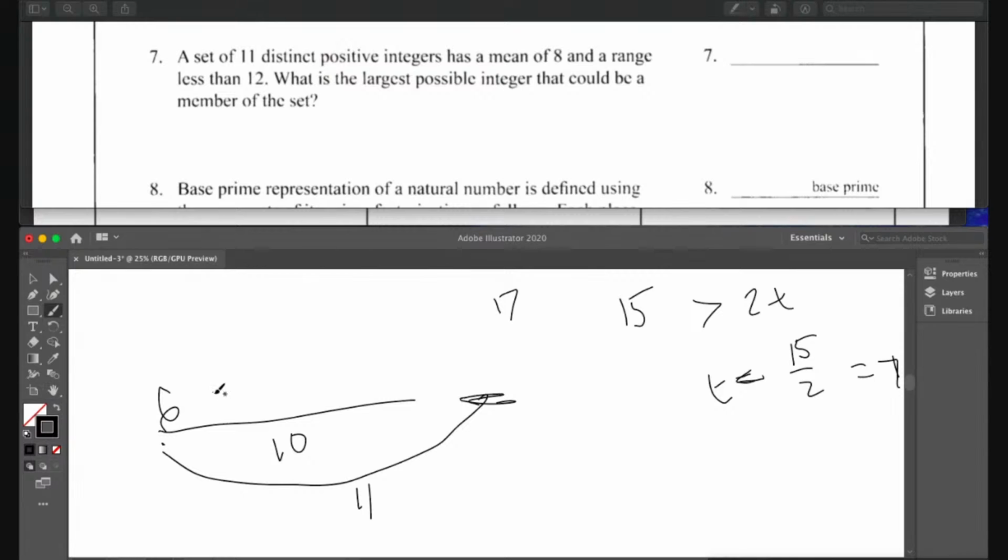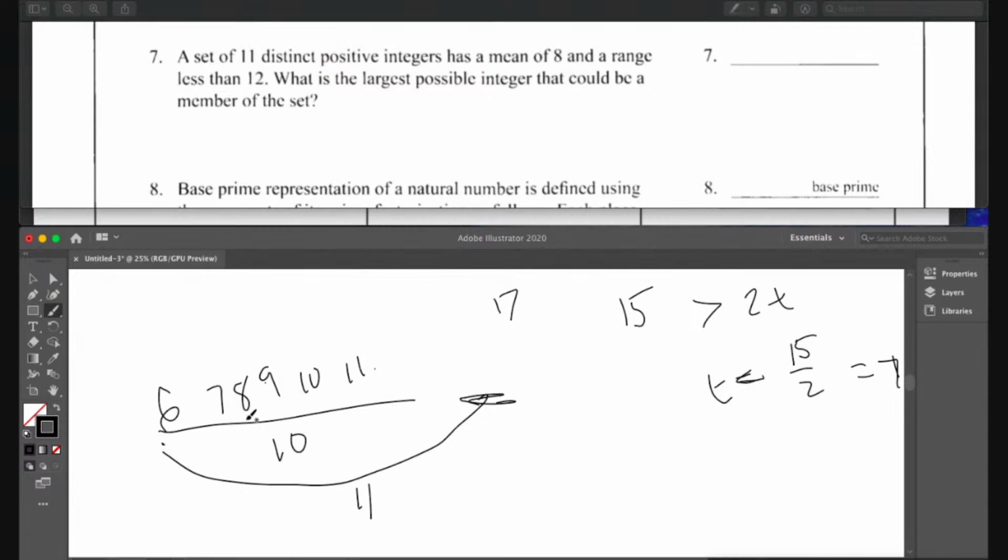if you had 6, then your 10 numbers, they all had to be distinct, right? And this is the smallest number, right? And then there's no possible way of having all of this as a mean of 8, right? Even if we had all the other numbers be as small as possible, which would be 7, 8, 9, 10, 11, and so on, you can already see that this is gonna way exceed the mean of 8, right?